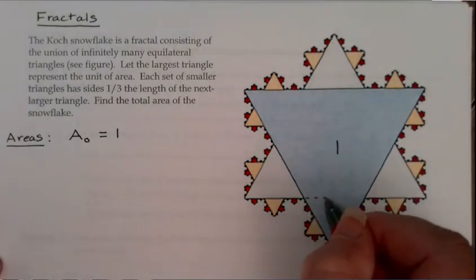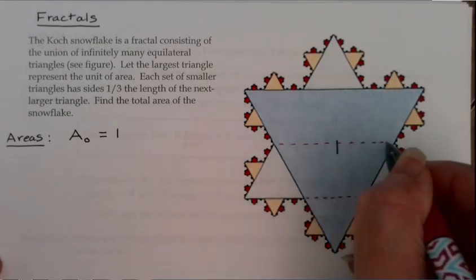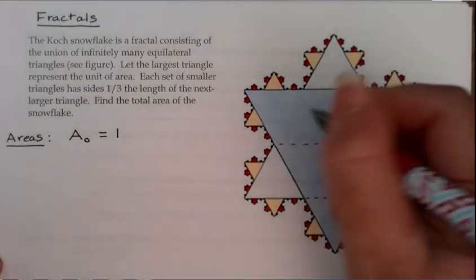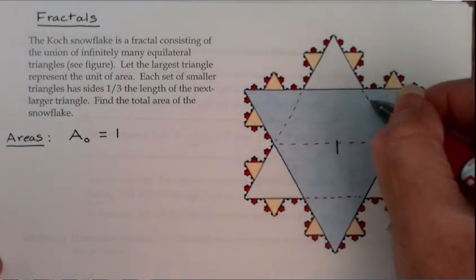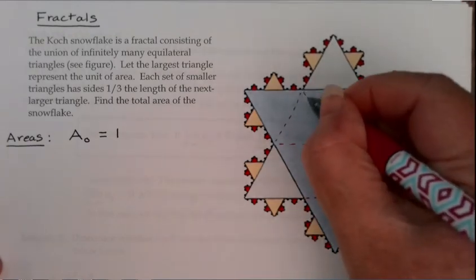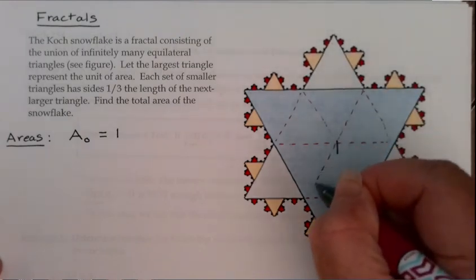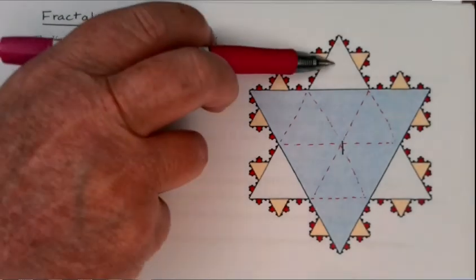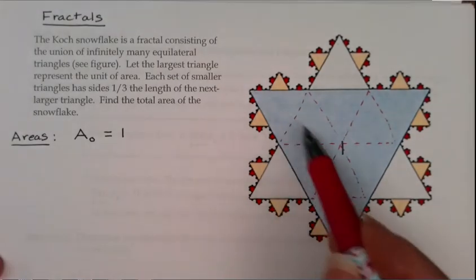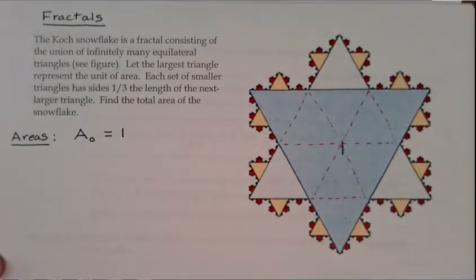If I were to break this up into smaller triangles, notice for this size triangle, you'd have 1, 2, 3, 4, 5, 6, 7, 8, 9 of them would fit in there.